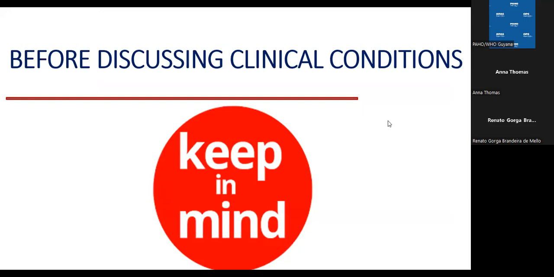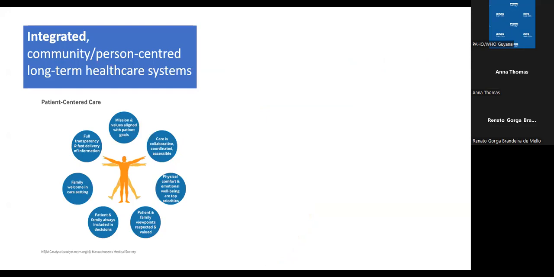But before discussing clinical conditions, let's remember what we addressed yesterday. To keep in mind these important concepts that we are talking about, an integrated community person-centered care for older people.